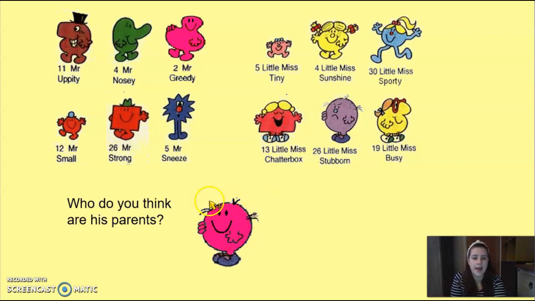And the body shape and the hair matches Little Miss Stubborn. So as you can see, their features have combined along with other things to make it obvious where they have come from. And we're going to talk about things like shoes that you don't actually inherit from parents, but why they might give us a clue as well.